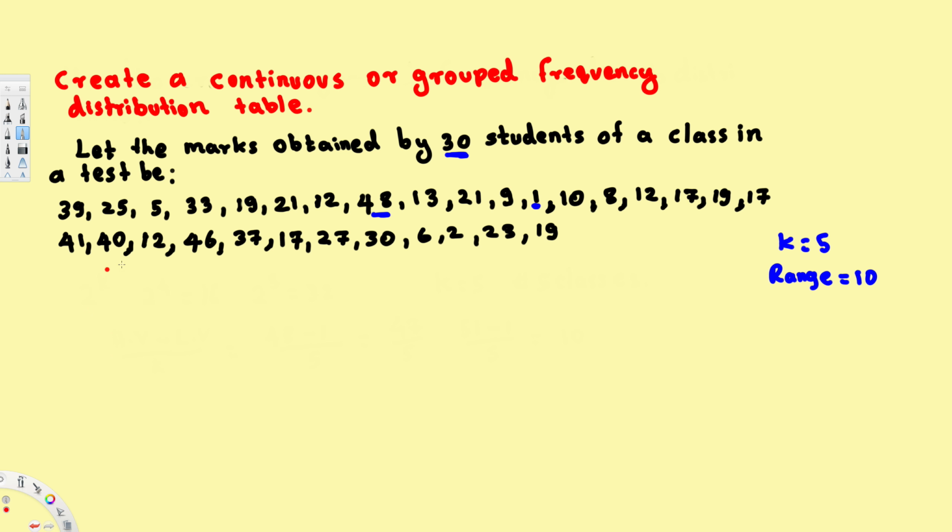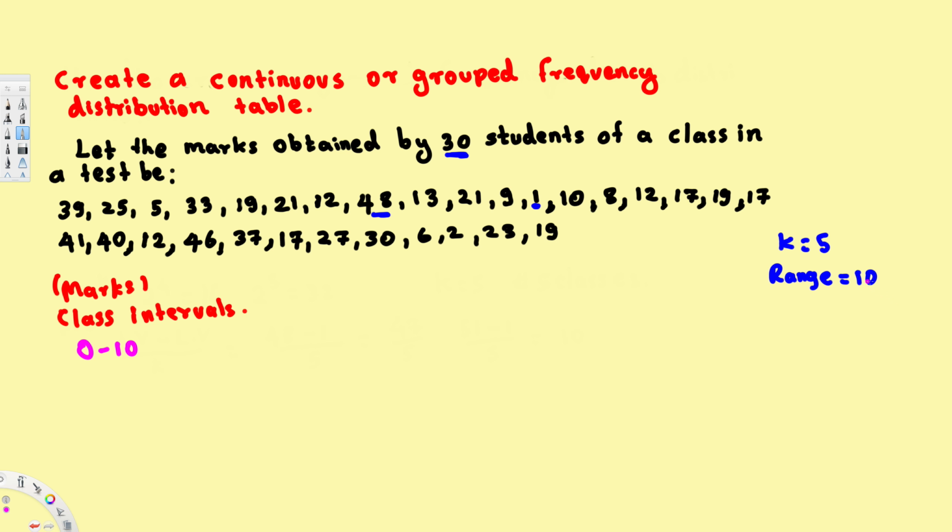So the column is going to be marks, that's class intervals, right? Class intervals, and let's start from 0. So this is going to be 0 to 10.